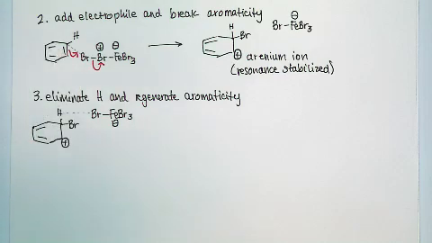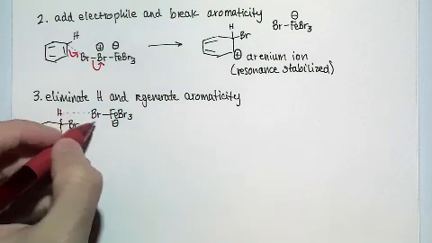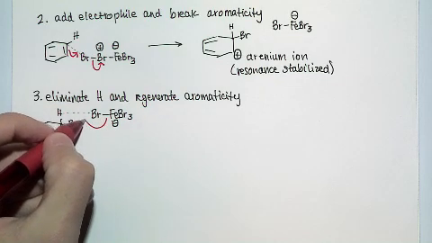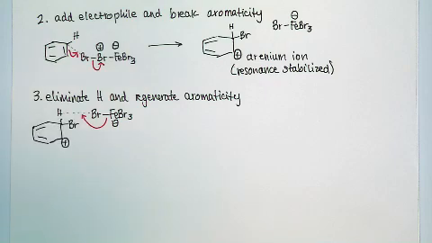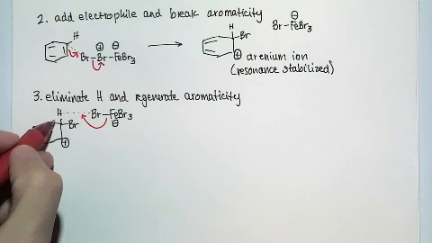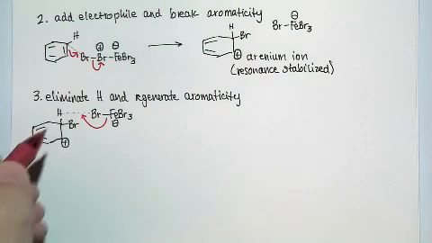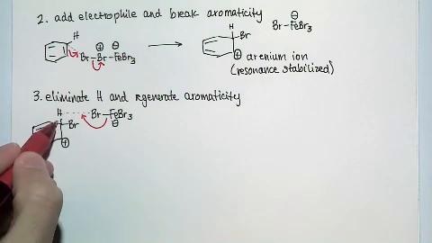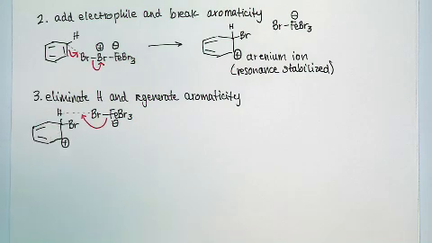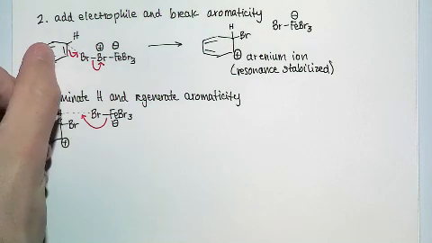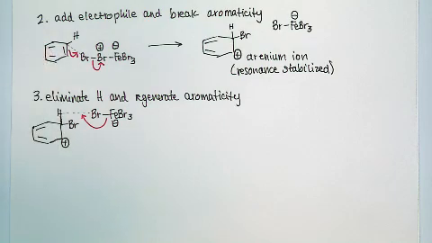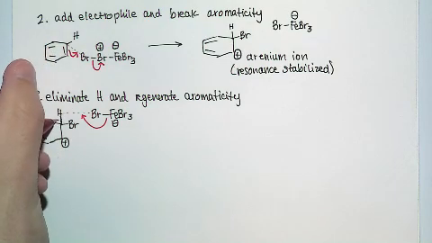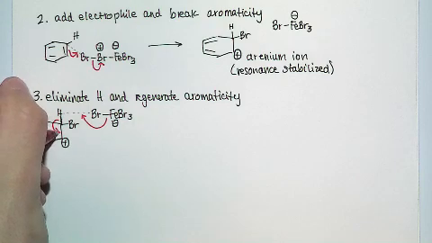HBr is going to be one of our products. And additionally, the important part for the elimination is this bond that was previously to the hydrogen comes down, and there we go.